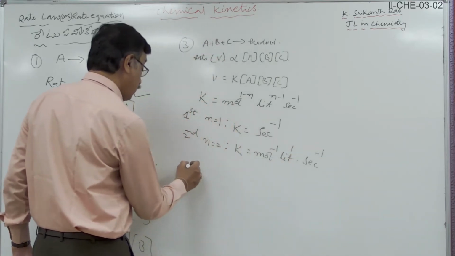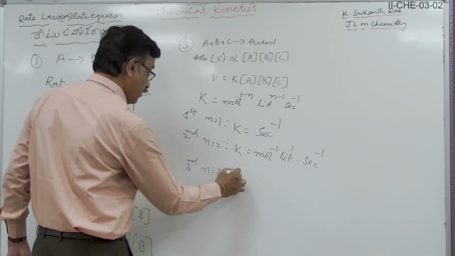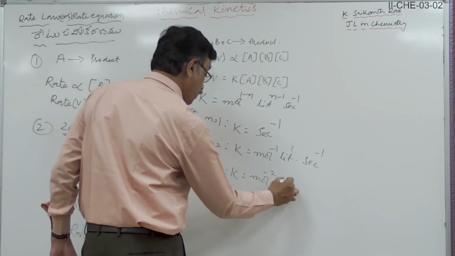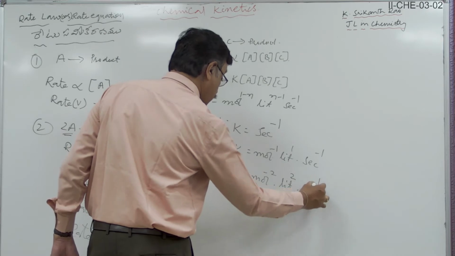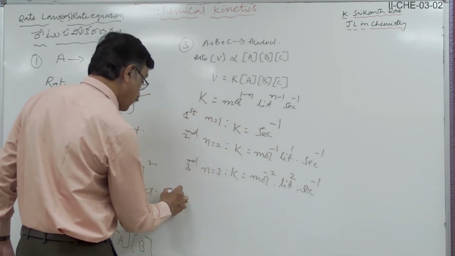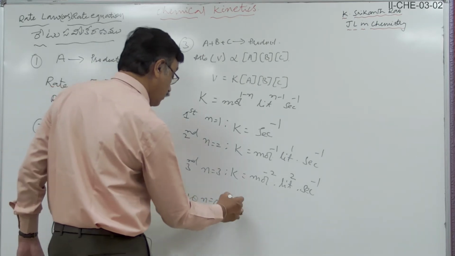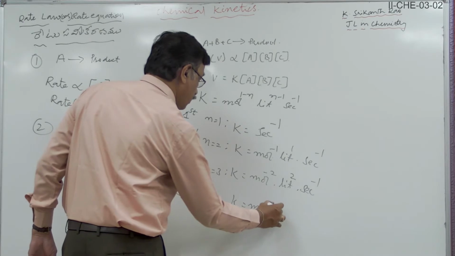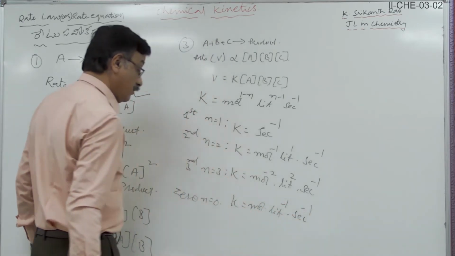For the third order reaction, n equal to 3, K equal to mol^-2 L^2 s^-1. For zero order reaction, n equal to 0, K equal to mol L^-1 s^-1.